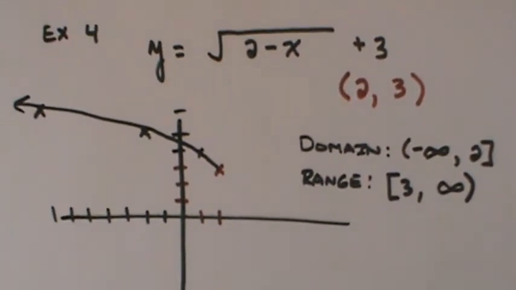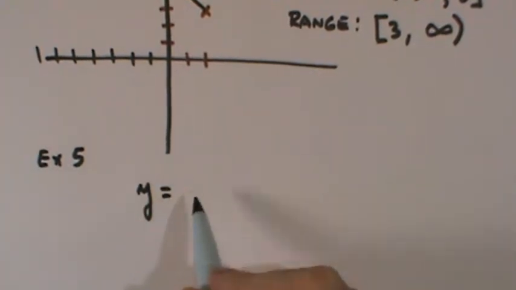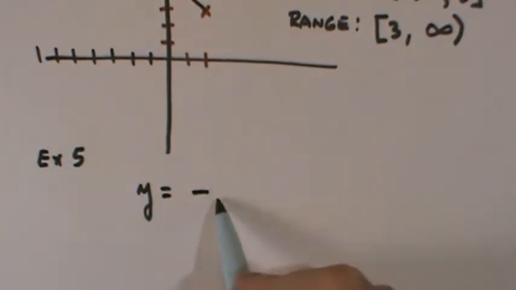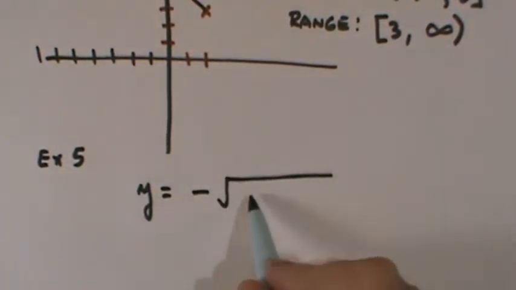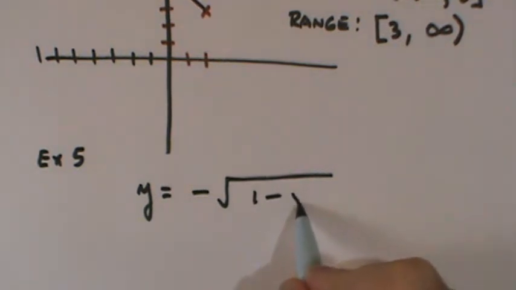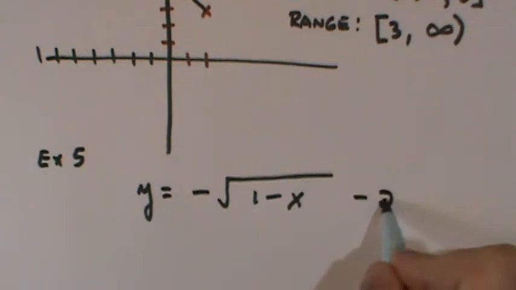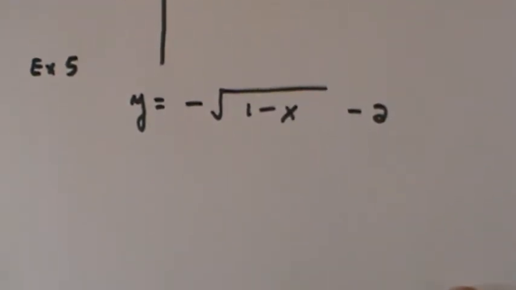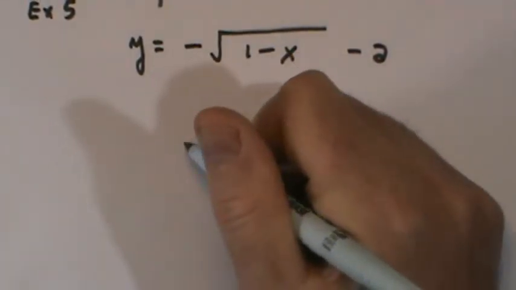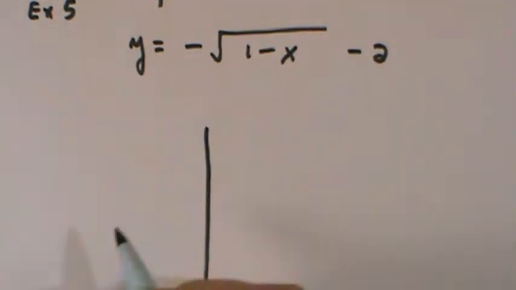I'd like to do another example here. So let's do example number 5. And let's call this y equals negative radical 1 minus x, minus 2. So we start off, as always, here's our xy plane.